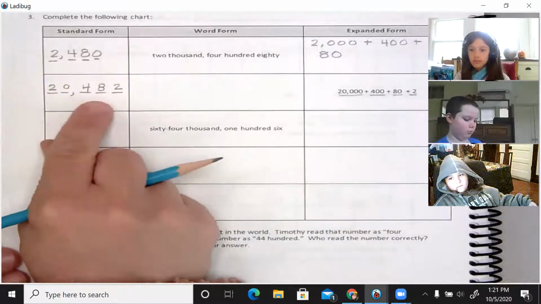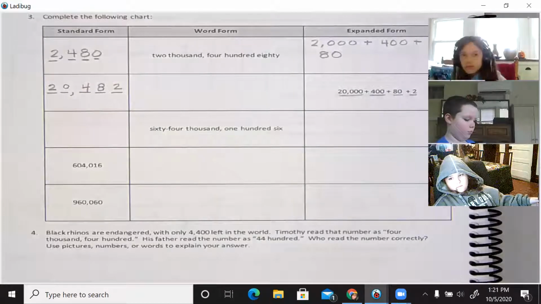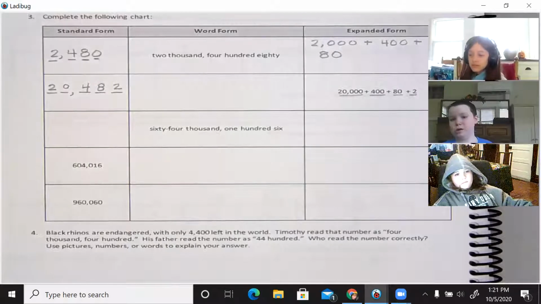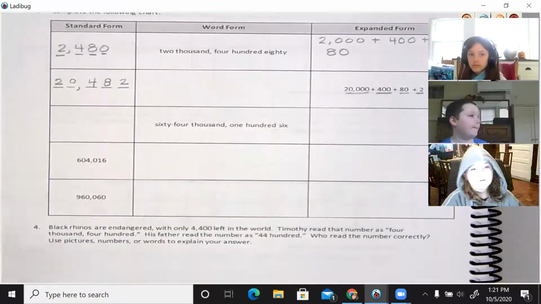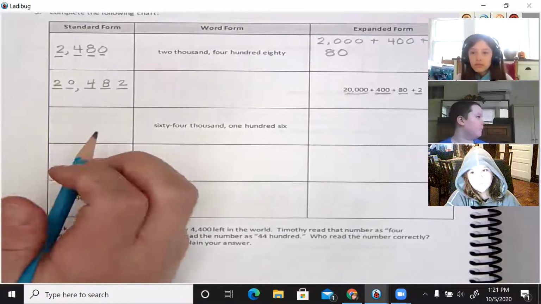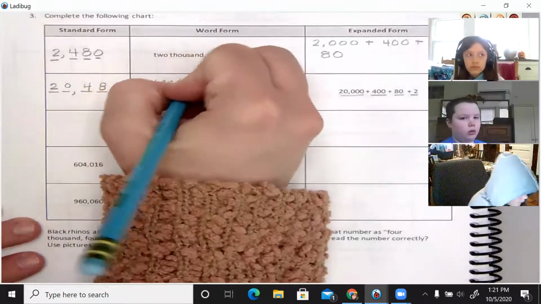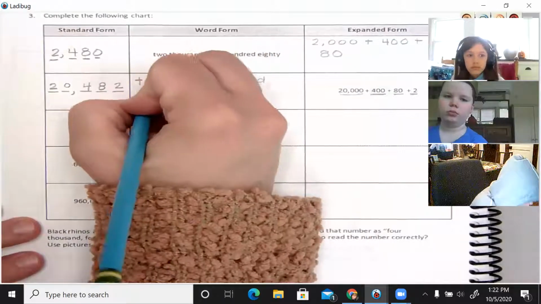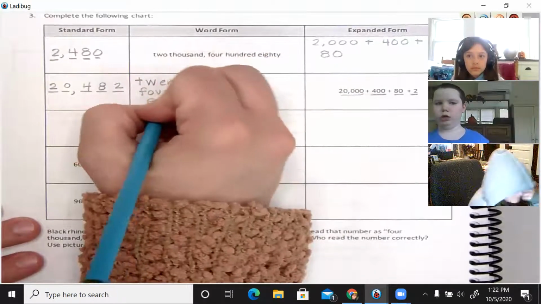Nina, can you read this number, please? Olivia, can you read this number? 20,482. Good. I'm going to write down exactly what she said. 20,482.